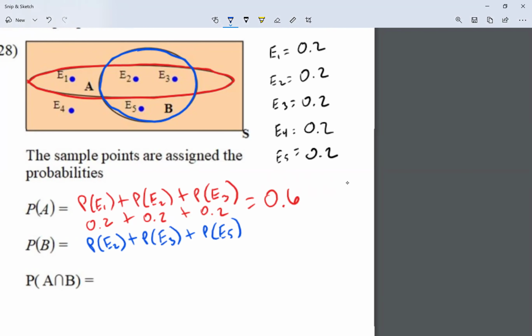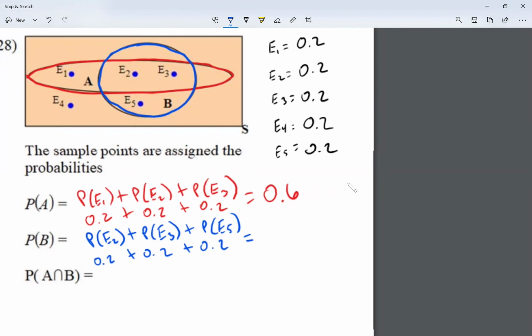Those are the 3 points that I see inside B. I know each of them is 0.2. Again, for your homework, I will give you different values for each of these points. 0.2 plus 0.2 plus 0.2 gives me 0.6.